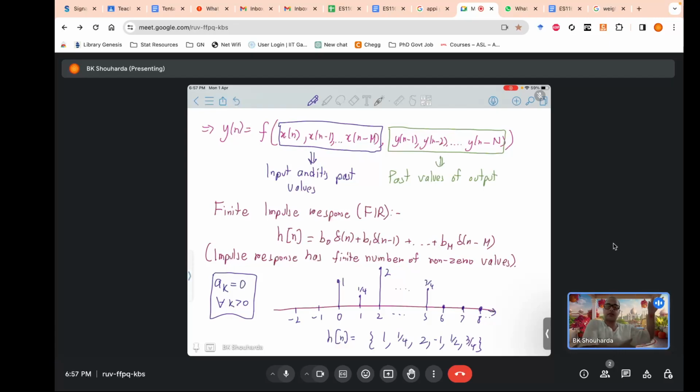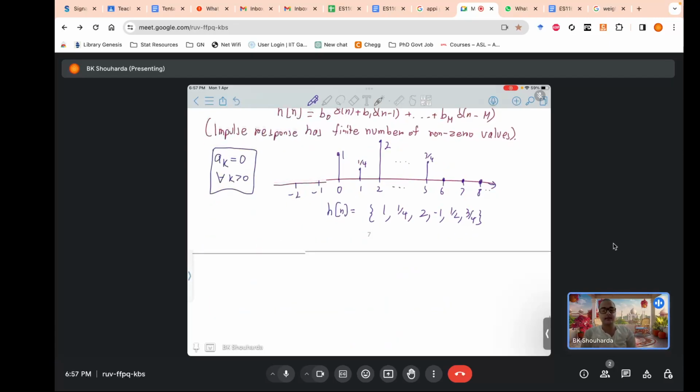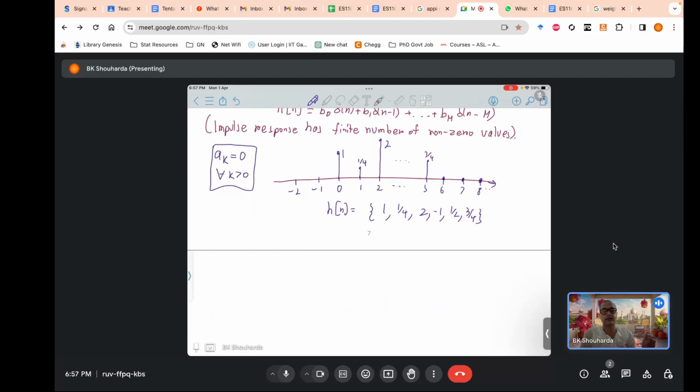It will keep on showing its effect till infinity. And if at least one of the a_k is not equal to 0, then the feedback takes place, the y[n minus k] starts showing its effect. Then we say that it is an infinite impulse response.